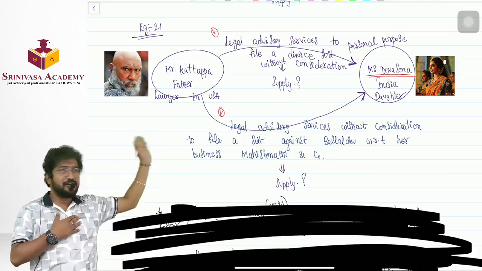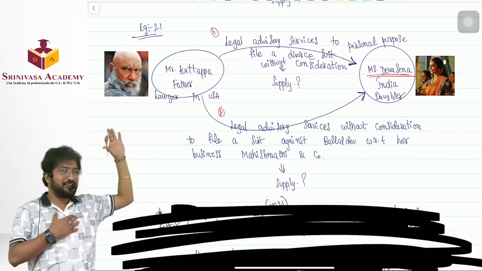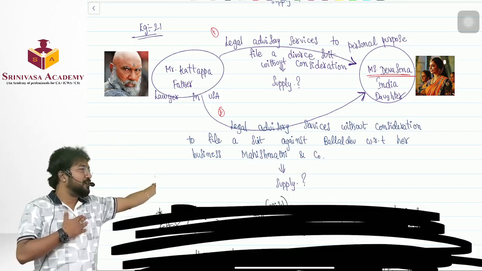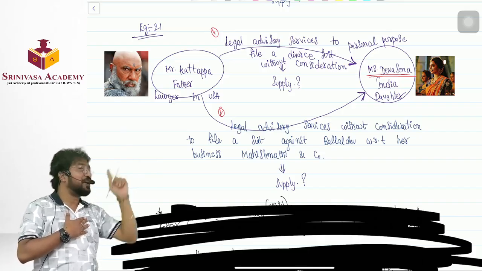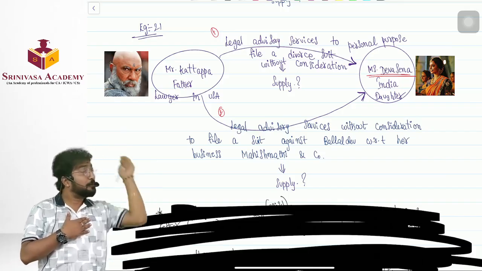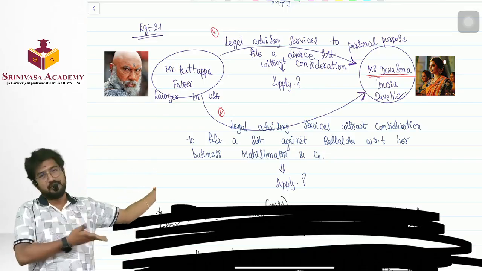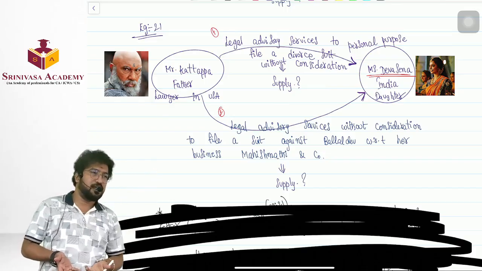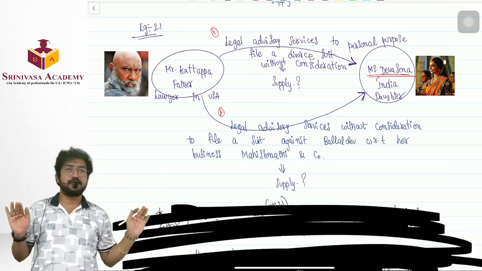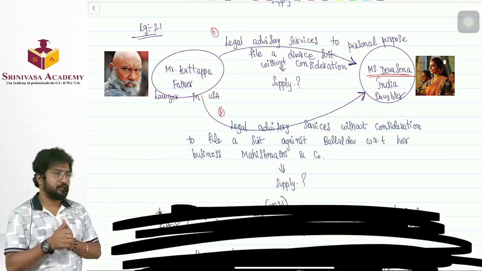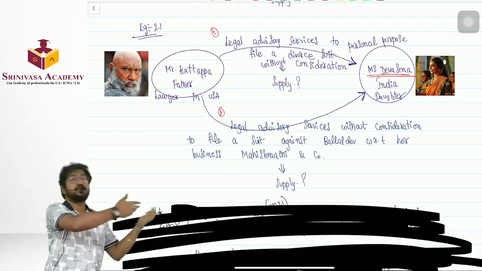Father is a lawyer in USA, not a beggar. He will not be wholly or mainly dependent on her, so obviously he is not a related person.